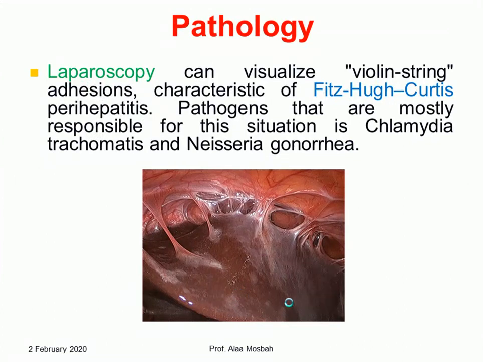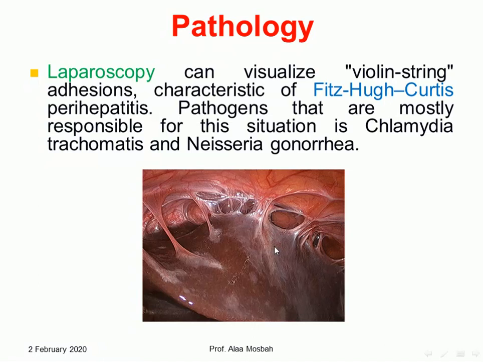Again, in pathology, laparoscopy can also visualize violin string adhesions, characteristic of Fitz-Hugh-Curtis syndrome due to perihepatitis. As you see in the picture, these are the violin string adhesions. This is the liver, and this is the parietal peritoneum, and these are the adhesions, as you see them everywhere.